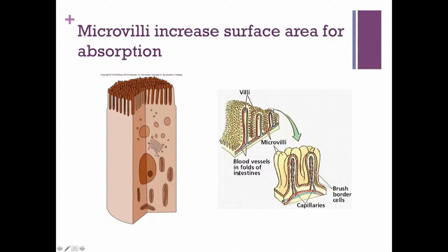So not only do we have finger-like extensions on top of finger-like extensions, there are more tiny finger-like extensions called microvilli. So everything about the small intestine is going to be organized to maximize absorption. There's maximal surface area. All of these sides can come in contact with the digested products, which enter the bloodstream or the lymphatic channels, and that only exists in the small intestine.